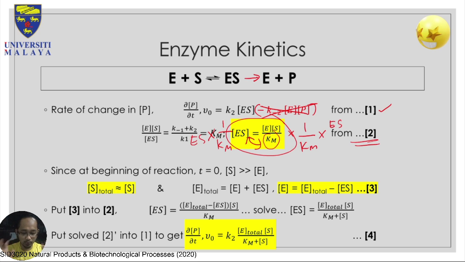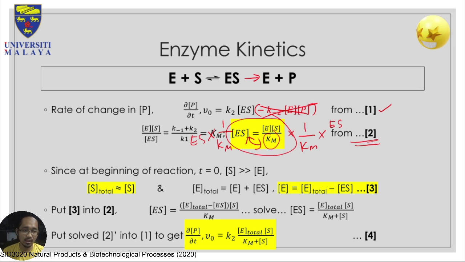What you want to know is that you rearrange equation number 2, the Michaelis constant, to get ES equals E times S over Km. Just remember that. We'll stop there and move on to the other assumptions.